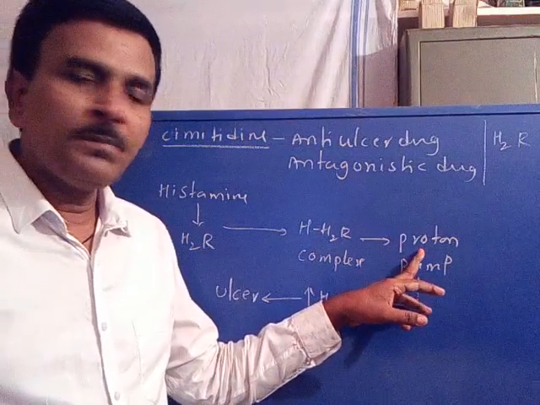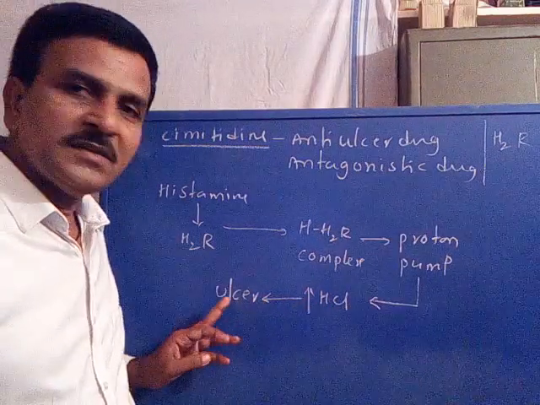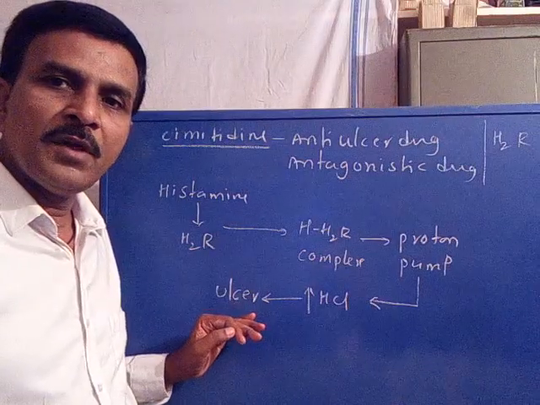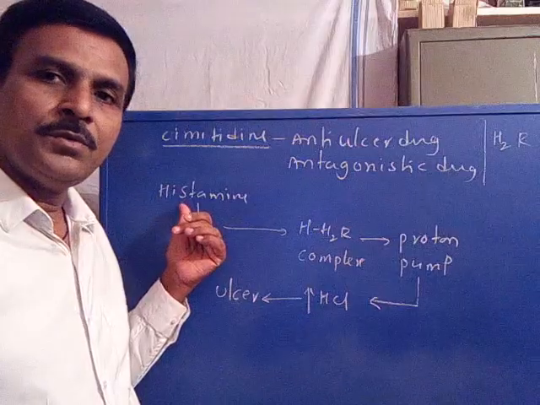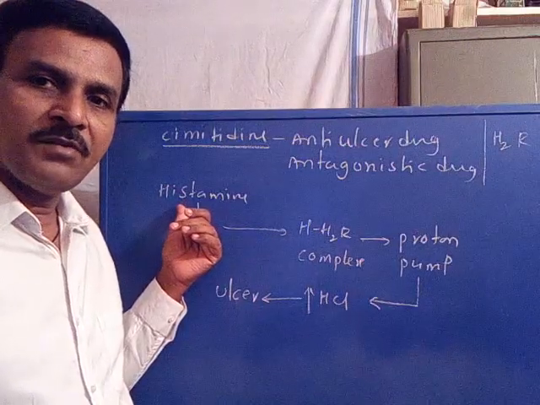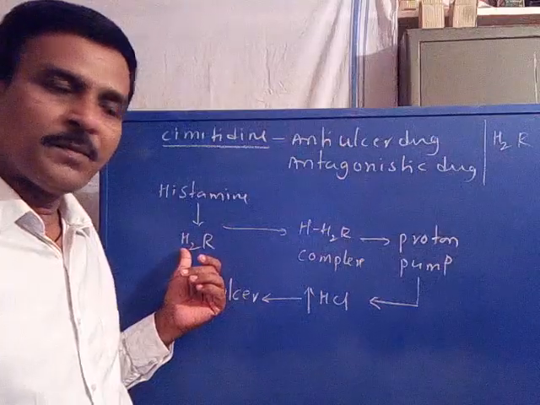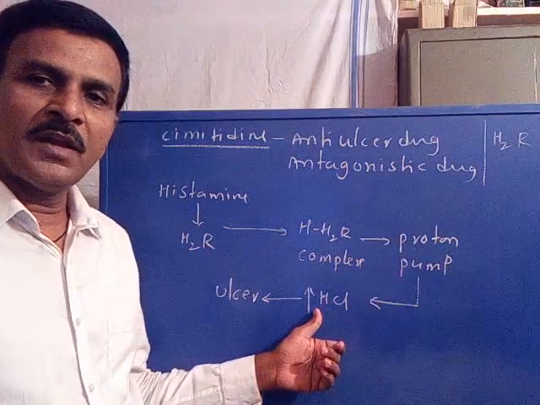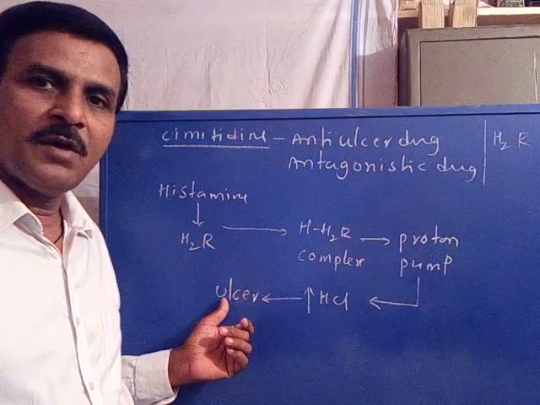So the proton pump secretes more hydrochloric acid, which causes the ulcer. Is it clear? So this is the simple biochemistry of the cause of ulcer. Due to excessive secretion of histamine, excessive interaction with the histamine 2 receptor, more promotion of the proton pump, more hydrochloric acid secretion causes the ulcer.